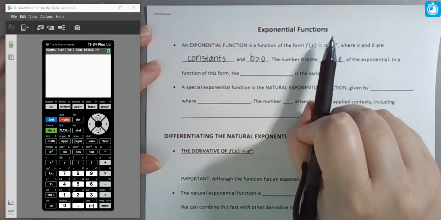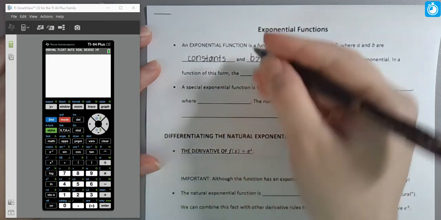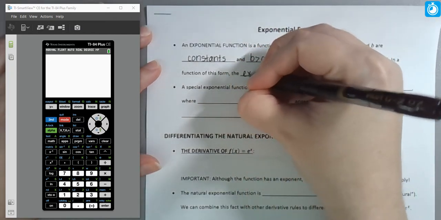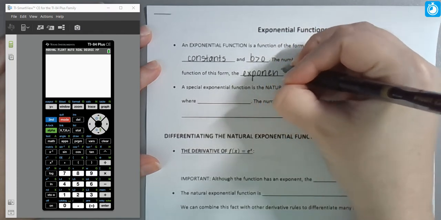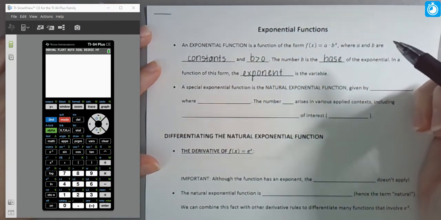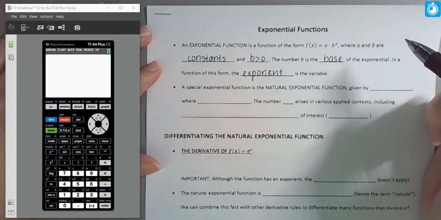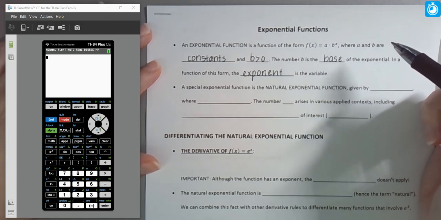Notice b is what we would refer to as the base of that exponential expression. And notice that in a function of this form, the exponent is the variable. That's what makes a function exponential versus perhaps polynomial. We've looked at lots of functions that have exponents, but in those functions the exponent has been a fixed number and the base has been variable.